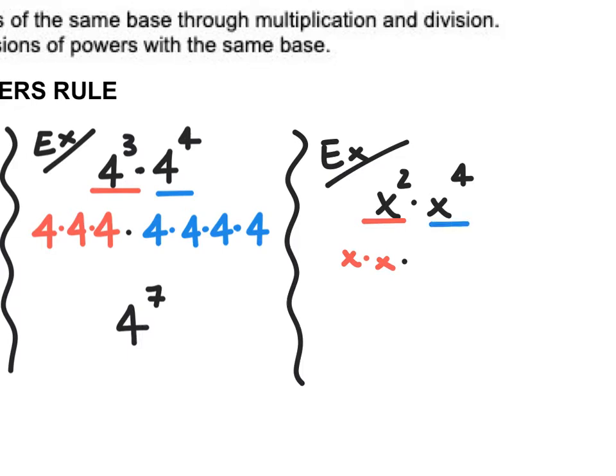So if I do x to the 4th, I'm doing x times x times x times x. And so I'm multiplying x by itself 1, 2, 3, 4, 5, 6 times. So I can really write this as just x to the 6th.